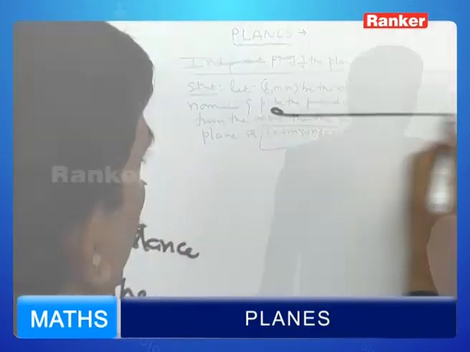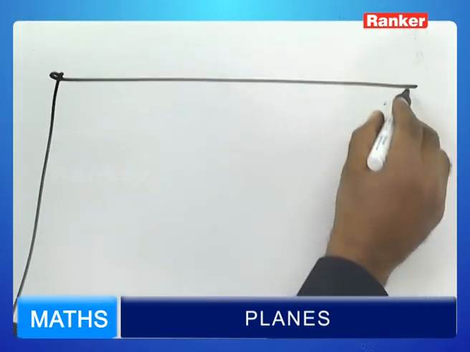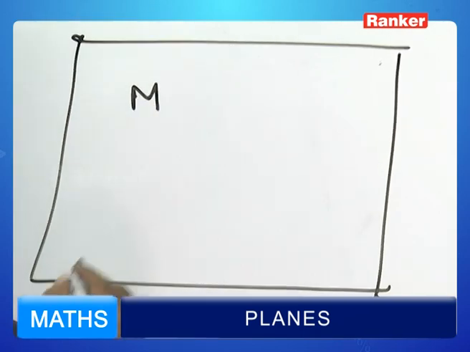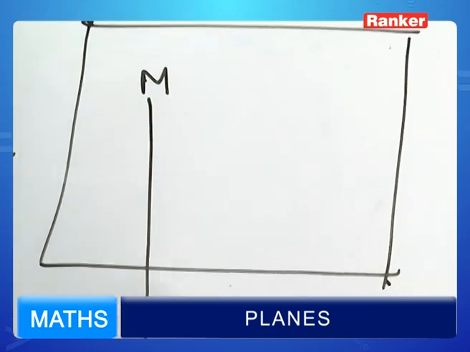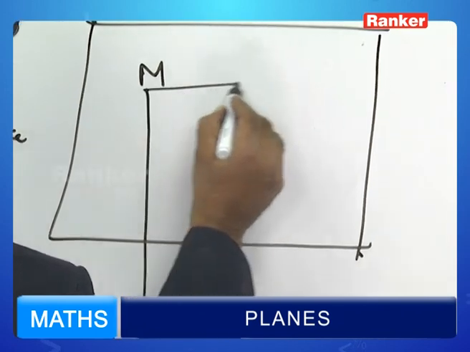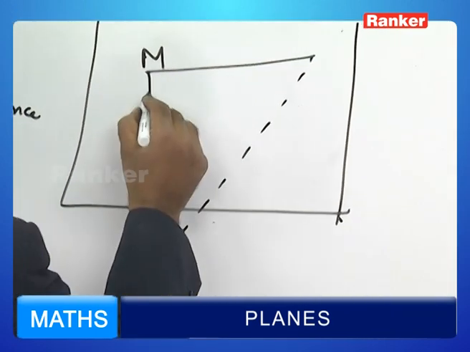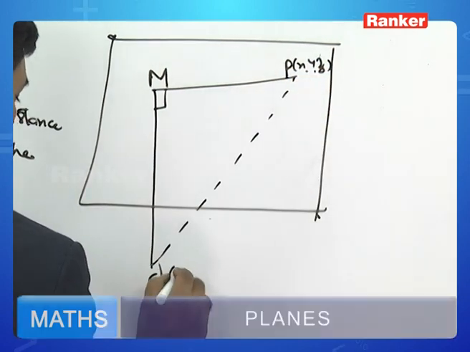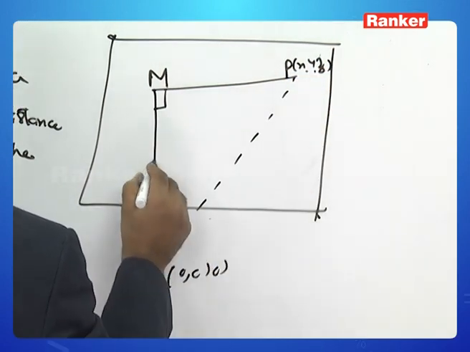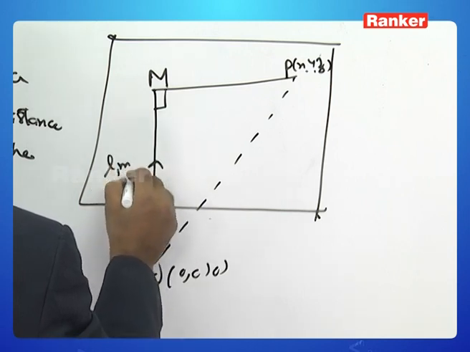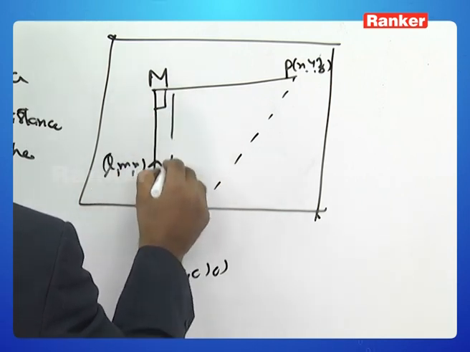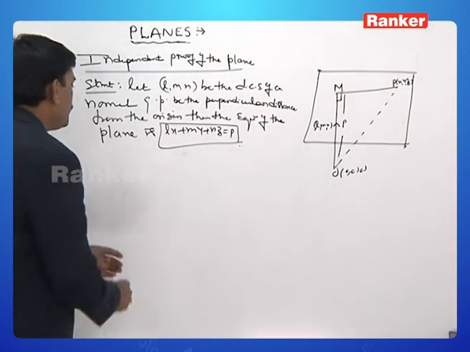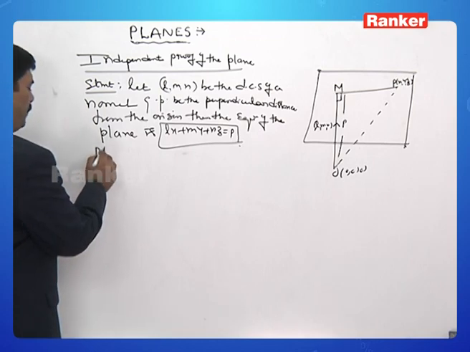Let us take this plane, right? Now you take this is O, P of x, y, z, this is 0, 0, 0. The DCS of this one is l, m, n, and this length is what? p. The proof of this one is very simple.